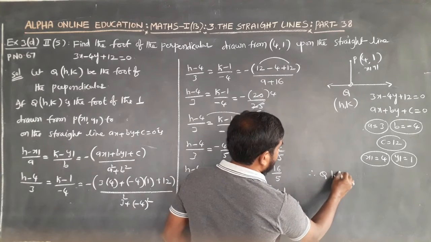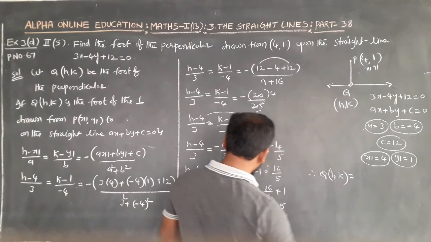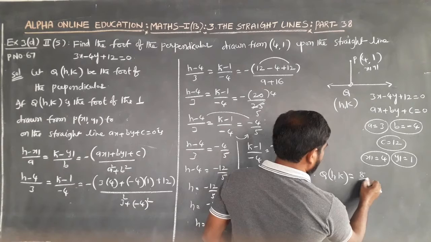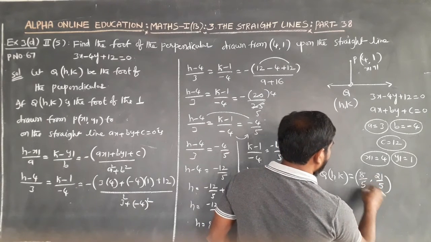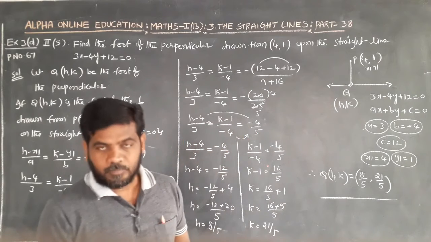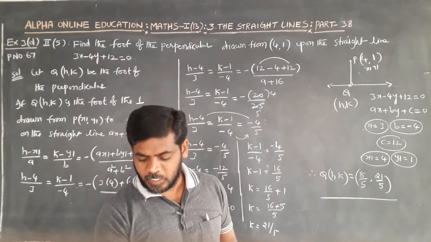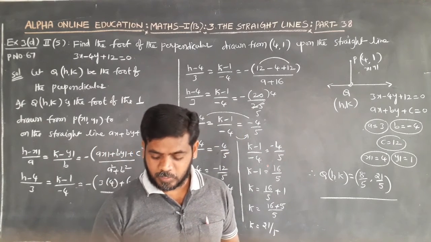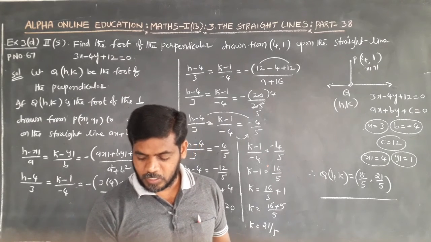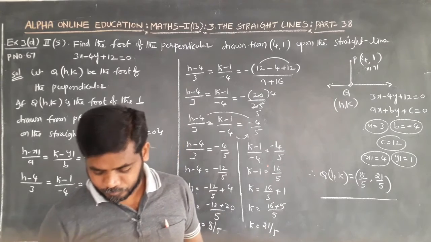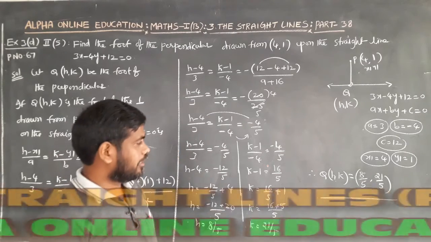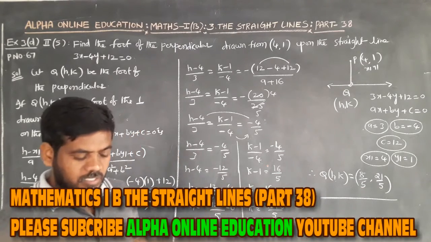Therefore, foot of the perpendicular Q(h, k) is equal to (8 by 5, 21 by 5) is the answer.